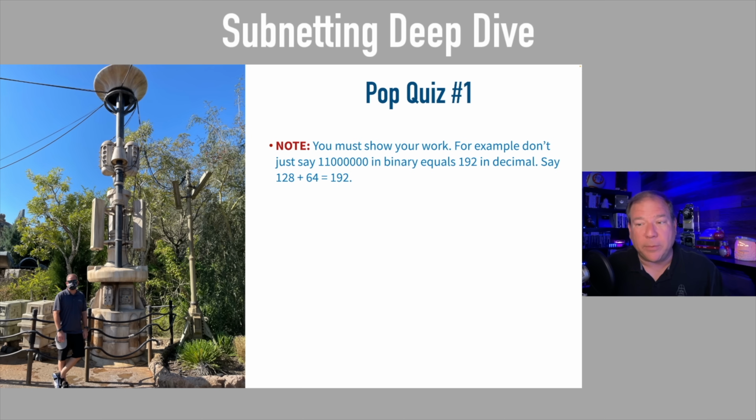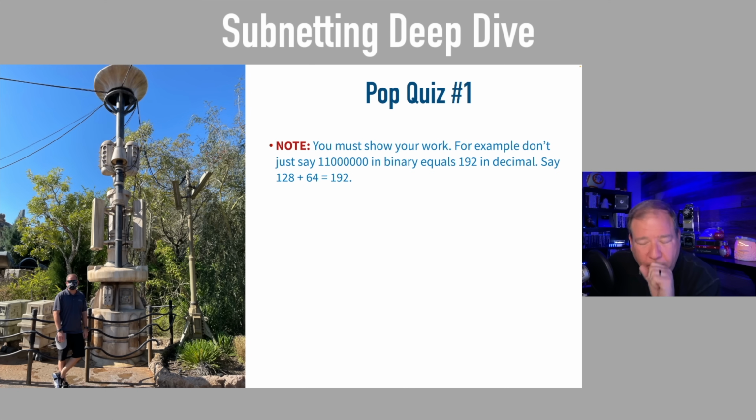They're answering all the parts. For example, if I say, translate this binary number into decimal, I don't want you to just say that 11000000 is 192. I want you to tell me why it's 192. I want you to say it's 192 because 128 plus 64, those columns that have ones in them, that adds to 192. Show me your work. Don't just give me the answer. That's going to be a requirement for you.